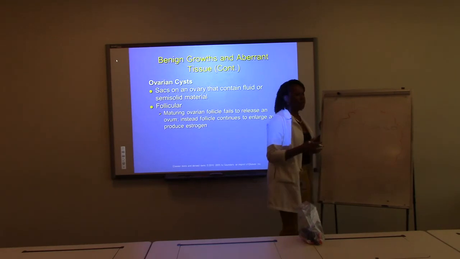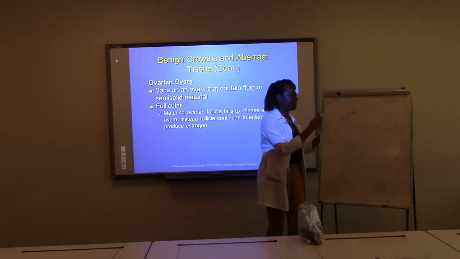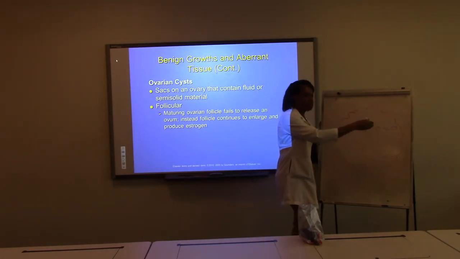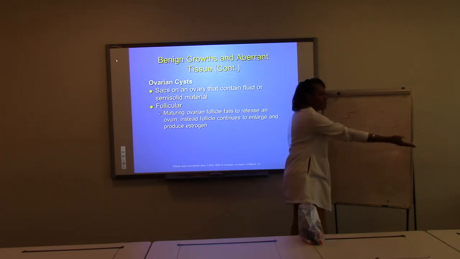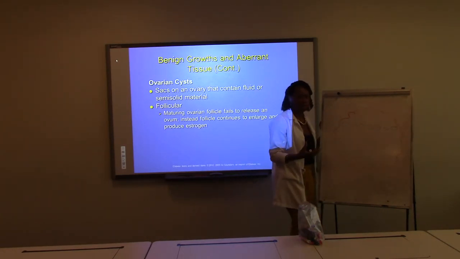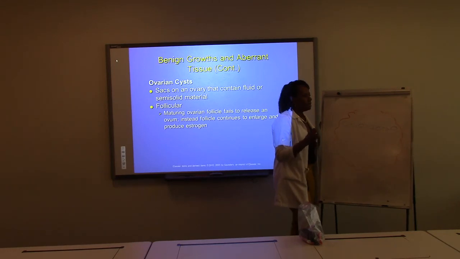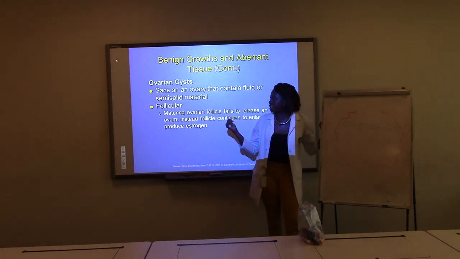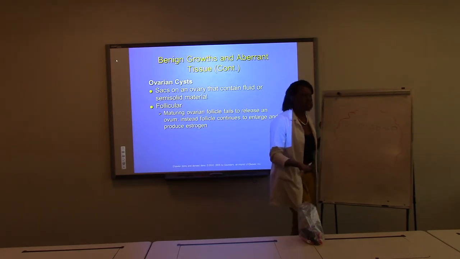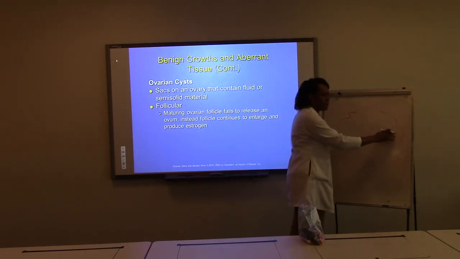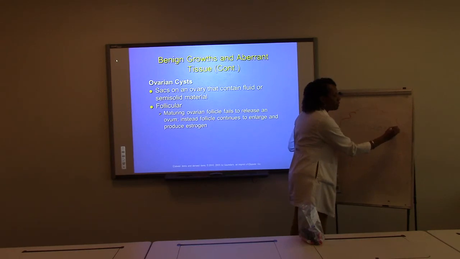So with the follicular type of ovarian cyst, we know that during ovulation the egg goes through the maturation process. Once it becomes mature and it's time for the egg to be released, that is the ovulation process. The end result of ovulation is the release of the egg from the ovary. With a follicular cyst, the egg is not released during ovulation, so the egg stays inside the ovary and develops into a cyst formation.